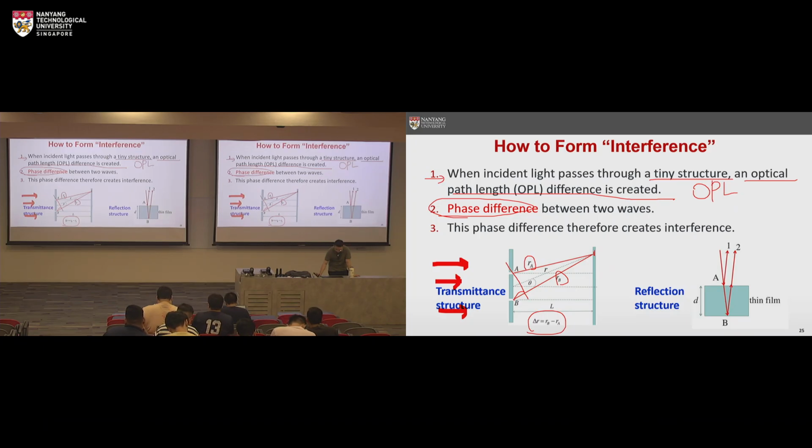For this ray 1 and ray 2, there's a difference between the 2 rays, which is delta R. This delta R is the origin of interference because delta R is defined as the optical path length difference, and this optical path length difference will create the phase difference. Okay, so that is why you'll see interference.